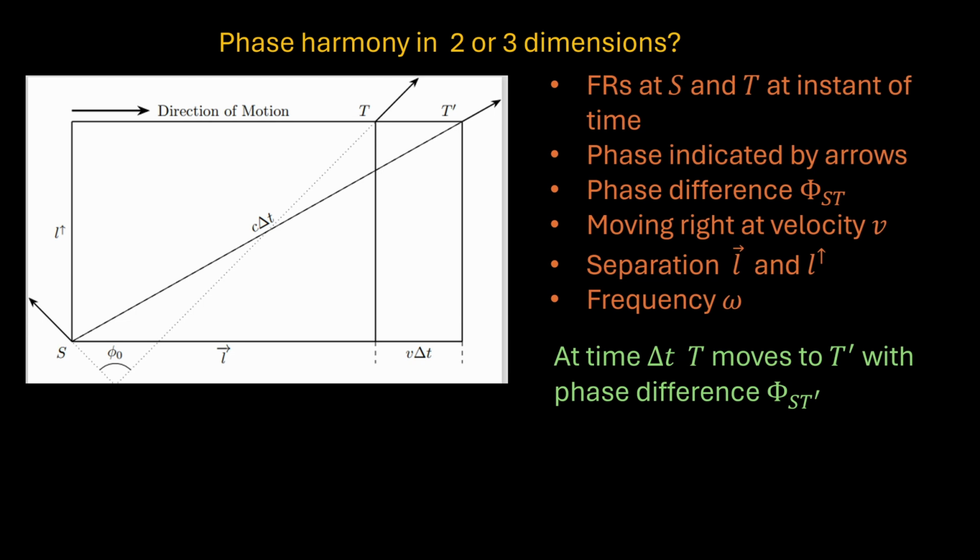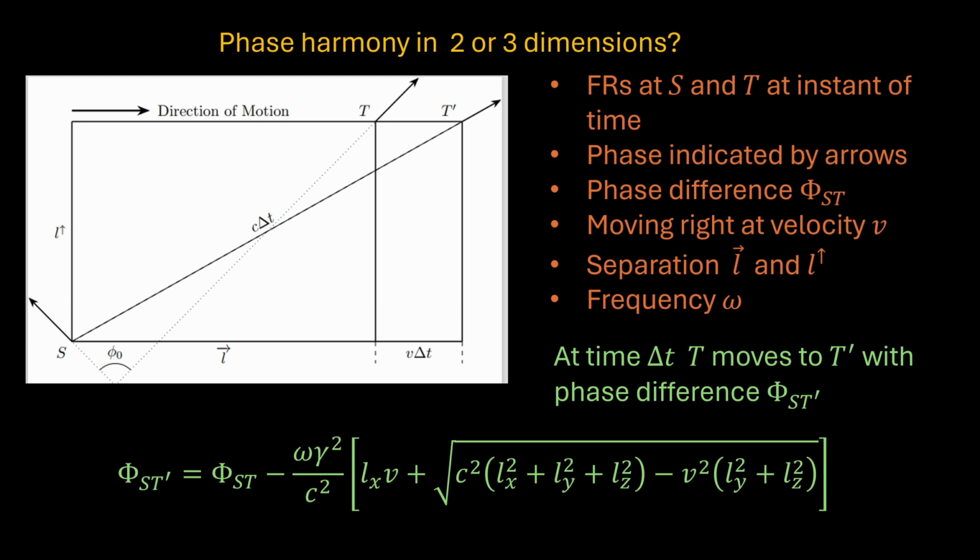Delta t is present in two of these sides, so we get a quadratic for delta t, which we can solve to get the resulting equation. Note that this is the 3D version, although the diagram is only 2D.